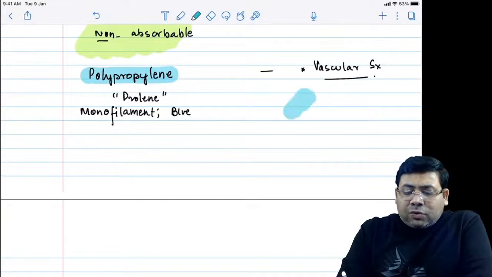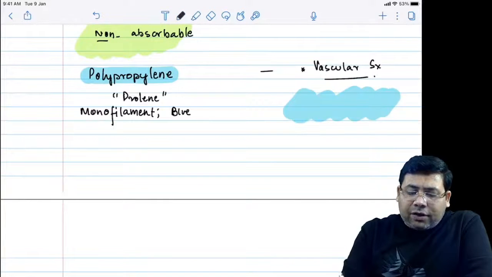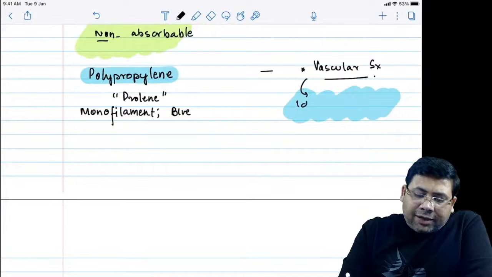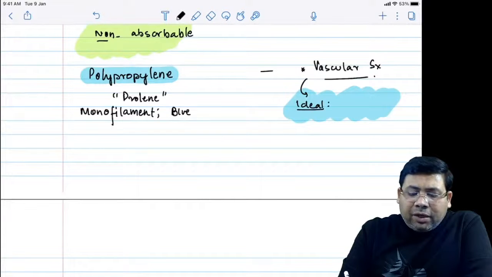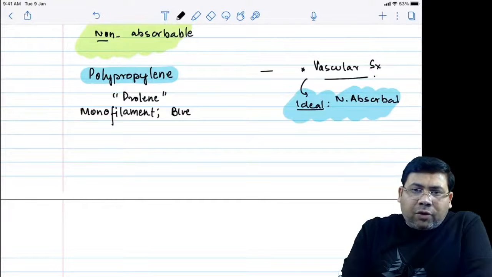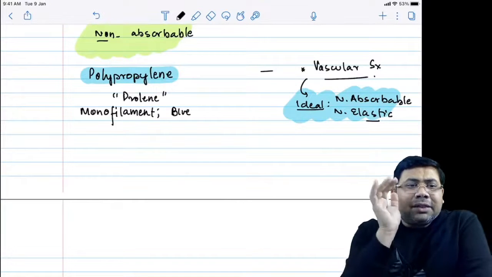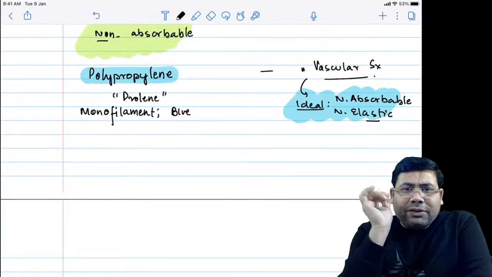What is ideal suture for vascular surgery? This is very, very important. The ideal suture should be non-absorbable, and it should be non-elastic. So amongst the sutures, this has near ideal features.